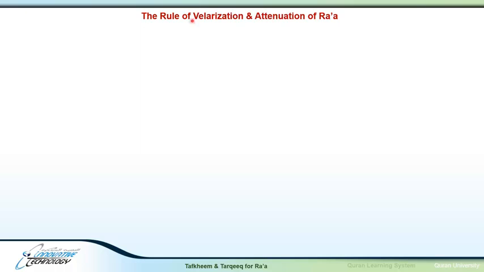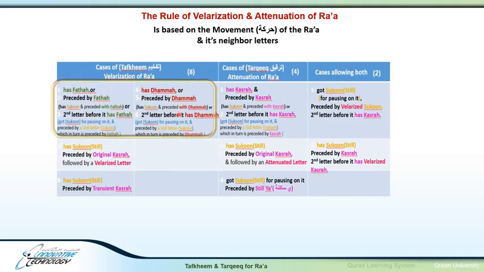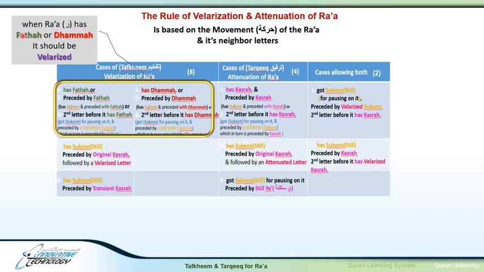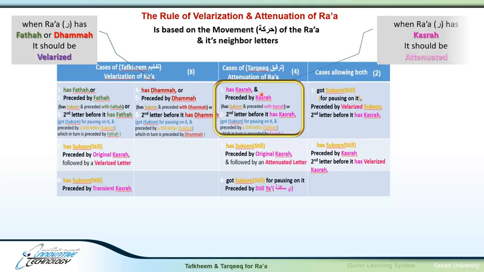We can easily understand the rules of velarization and attenuation of the Ra with a simple concept kept in mind. The rule is based on the movement, the haraka of the Ra, and its neighbor letters. So it's not only the Ra, it could be the letter before, the letter after, or the letter that follows the one after the Ra. If we look into the cases where Tafkheem is to be applied, we realize that Tafkheem has always been related to Fatha and Dhamma, and Tarqeeq is always related to the Kasra.